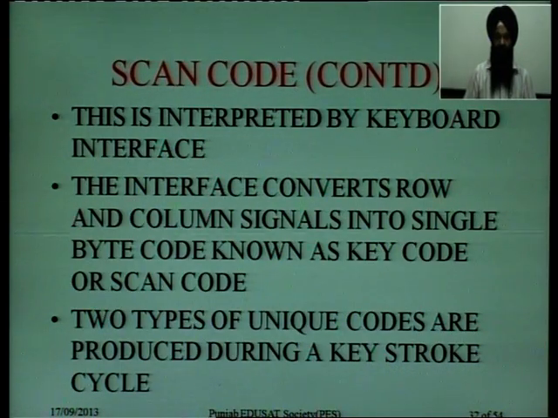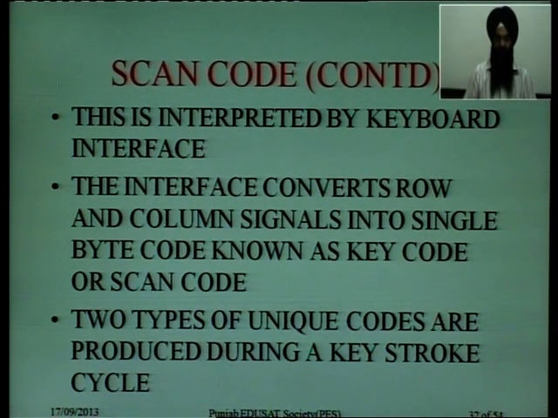And this is interpreted by the keyboard interface. The interface converts row and column signals into a single byte code known as key code or scan code. For each key there is a different code, and that is generated immediately when the key is detected. Then immediately a key code or scan code is generated.